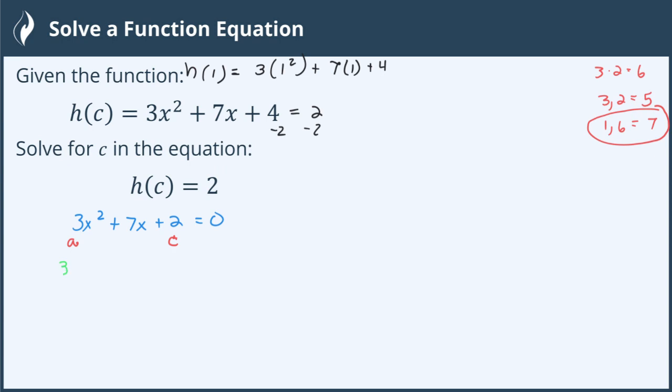So this becomes 3x squared plus 6x plus x plus 2. Then what I'm going to do is group. From here, I'm going to factor out an x, and I'm going to factor out a 3.